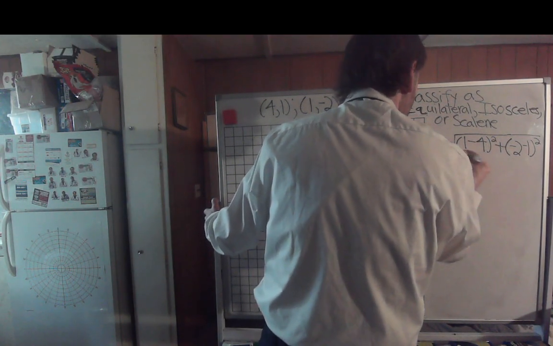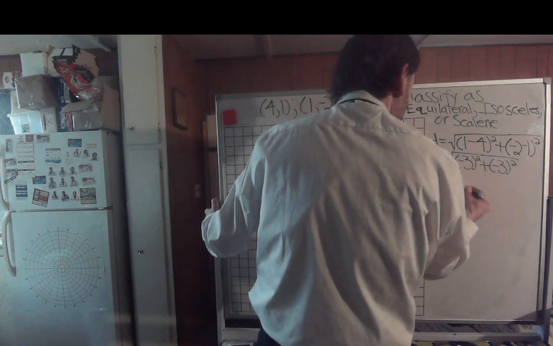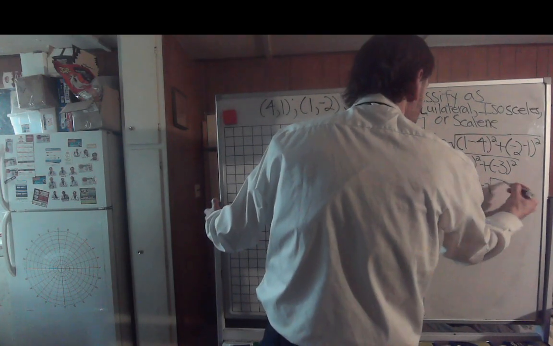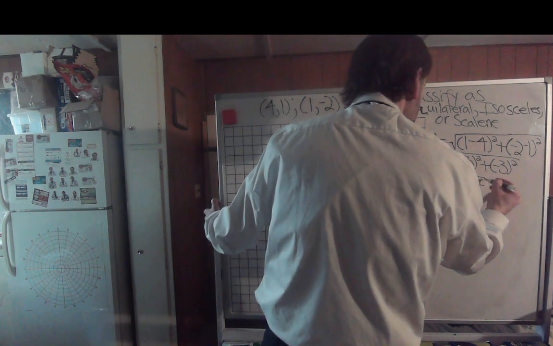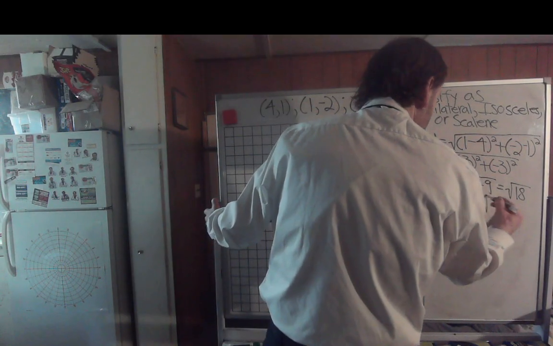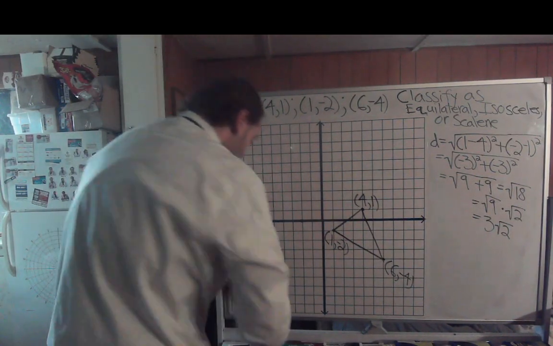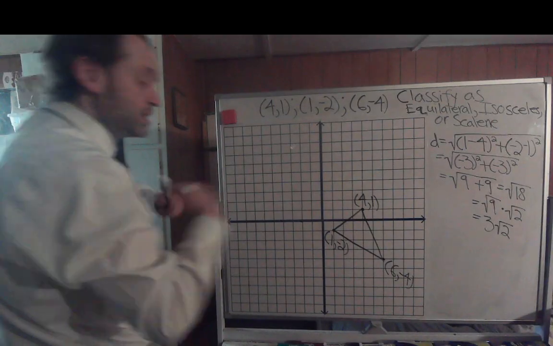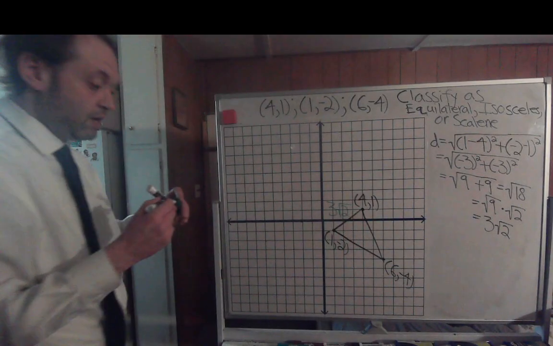So this would become the square root of negative 3 squared plus another negative 3 squared, which would become the square root of 9 plus 9, which would equal the square root of 18, which equals the square root of 9 times the square root of 2, which would make the distance 3 times the square root of 2. So the length between 4, 1 and 1, negative 2 is going to be 3 times the square root of 2.